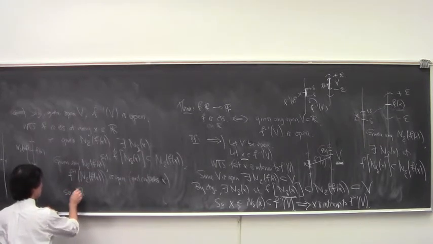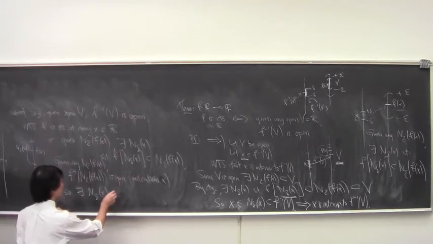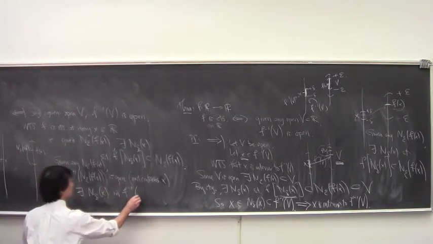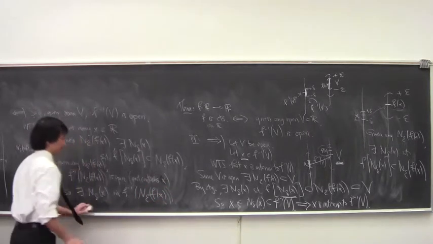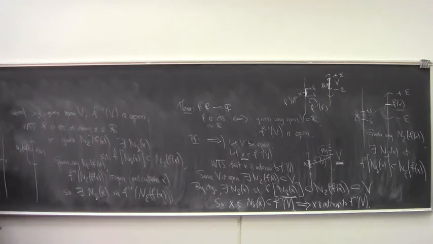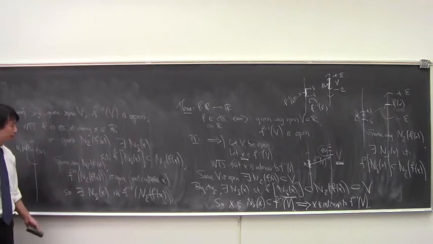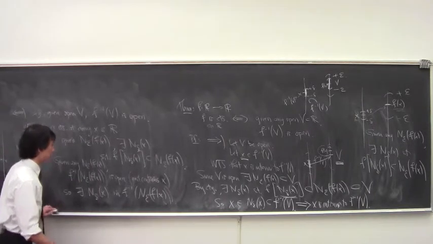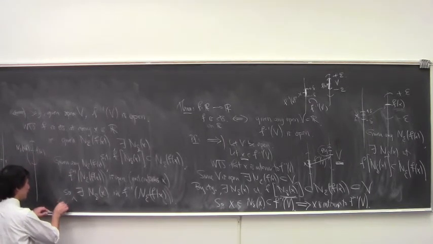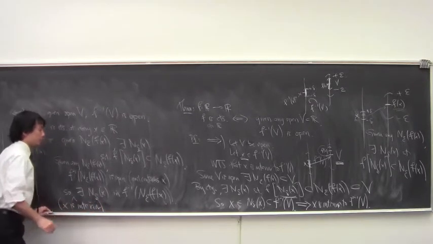So there exists a delta neighborhood of x in f inverse, in the pre-image of the epsilon neighborhood of f of x. In other words, we're saying x is interior.